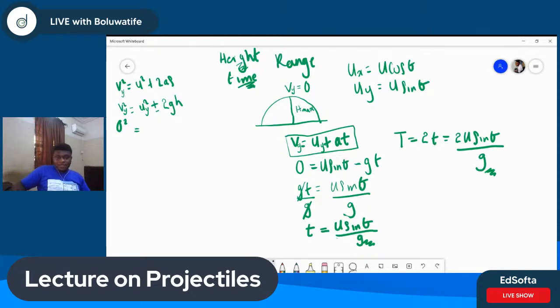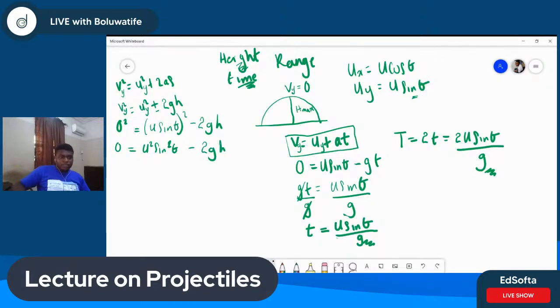So this is my formula for uy: u sine theta squared. Because it is going against gravity, I'm going to have minus 2gh. So 0 squared obviously gives me 0 equals, if I find the square of this, u squared sine squared theta minus 2gh.